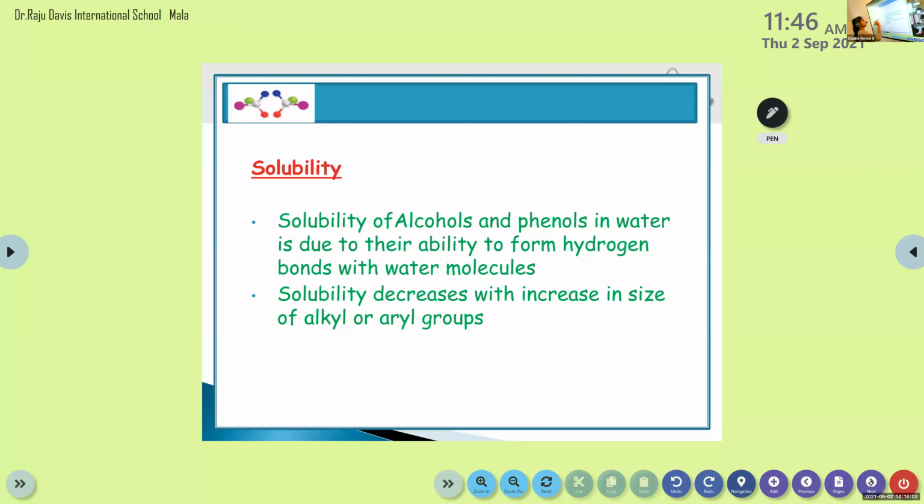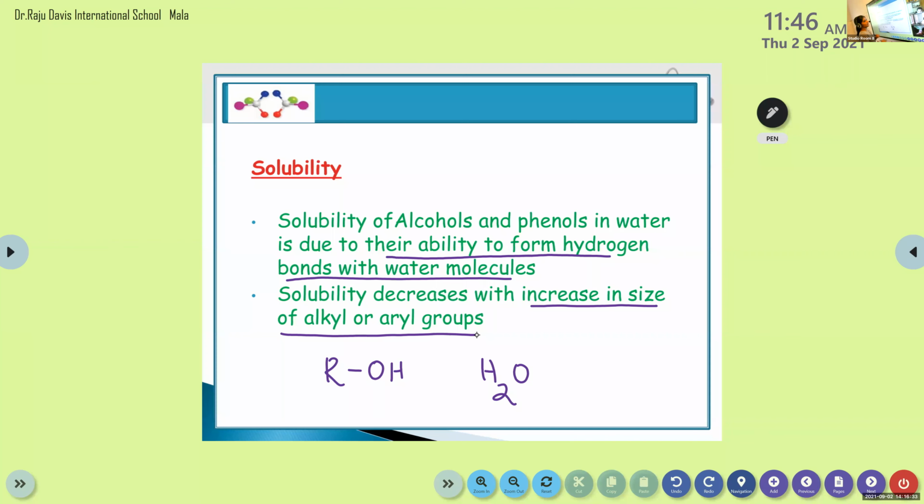The solubility of alcohols and phenols in water is due to their ability to form hydrogen bonds with water molecules. In the case of alcohol, there is one OH group, ROH, right? In the case of water molecule also, H2O. So there will be chances for hydrogen bonding. And this solubility decreases with increase in the size of alkyl or aryl groups.